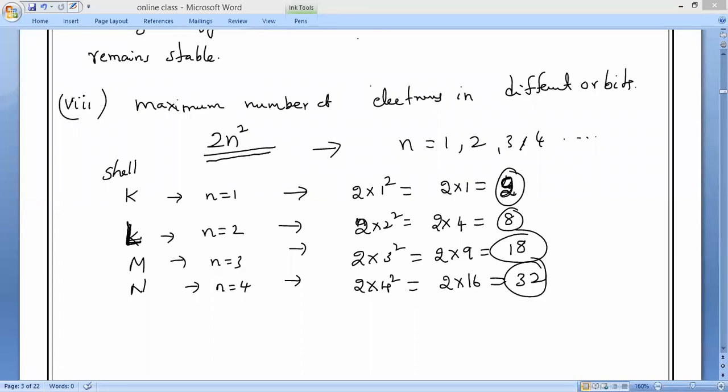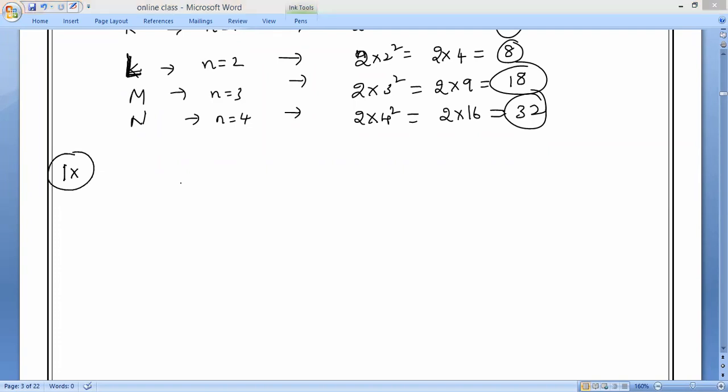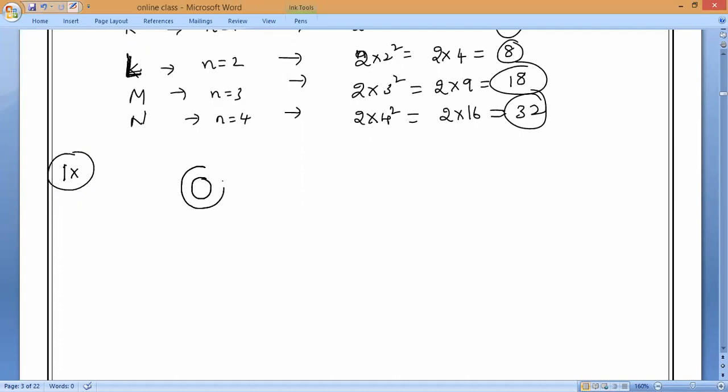Different atoms have different numbers of shells. Suppose this is an atom having only one shell, then this shell itself we call the outermost shell.